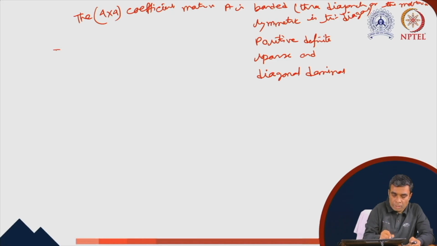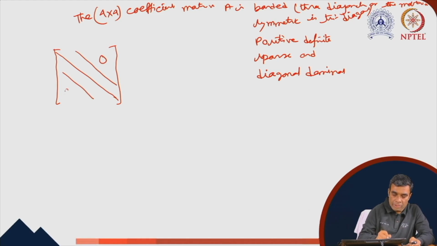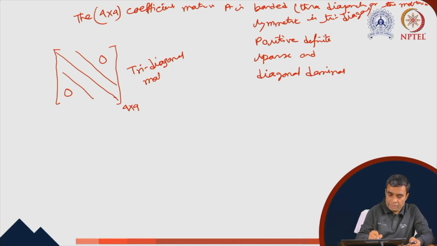So, if we look at the matrix equation system, it has 3 diagonals. The remaining terms are all 0. So, we say that this is a tridiagonal matrix equation system.